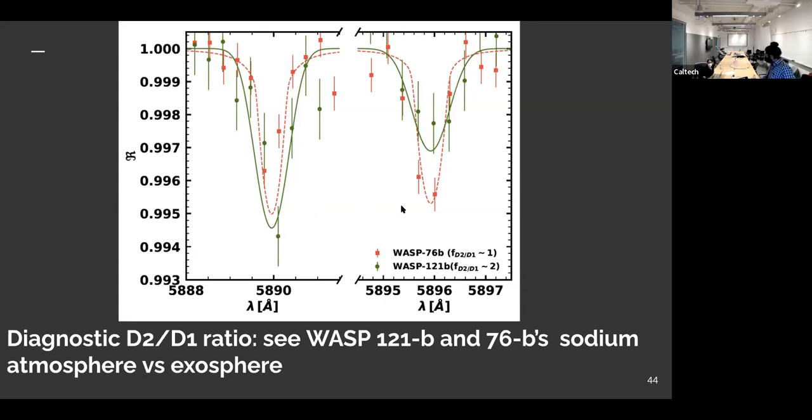Whereas if it's an optically thin medium, the ratio of the oscillator strengths will actually be the ratio of the absorption line strengths. And so, at least for this observation, this is Hoeijmakers et al. 2020 A&A. Here we can see that there's a clear D2 to D1 ratio that indicates an optically thin medium, which is more characteristic of an extended cloud sourced by a third body, but it could also be a tenuous wind. So it's not the catch-all diagnostic, but it definitely helps.